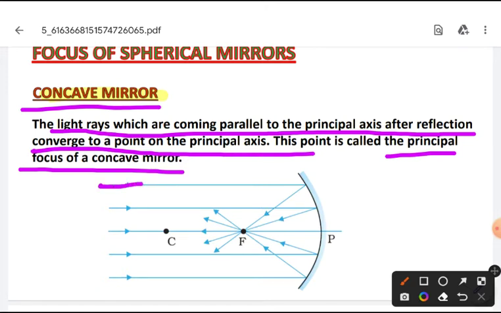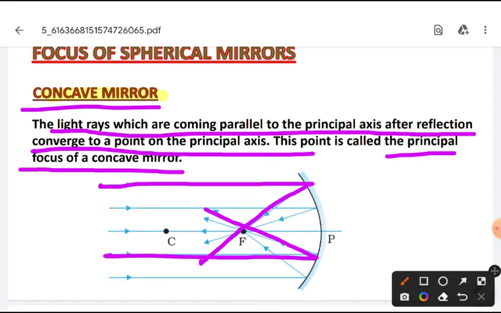A ray of light parallel to the principal axis will converge to a point after reflection, and that point is known as the principal focus.